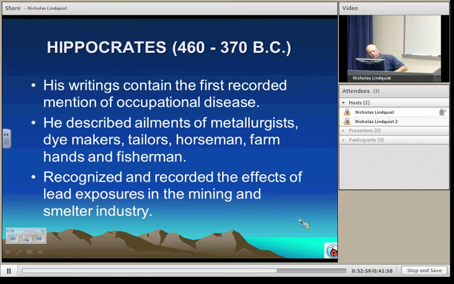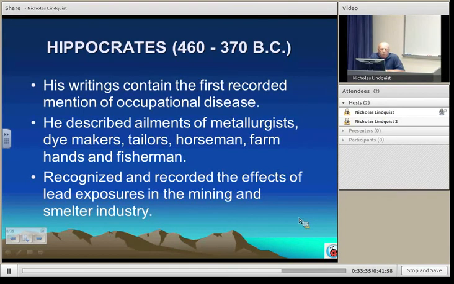There was a gentleman called Pliny the Elder, and again, his existence was between 23 and 79 AD, and he did work, again, related to the mines. And you'll notice that as you look historically, a lot of the treatment of occupational health hazards really dealt with miners and mining-associated operations, because that was a fairly dangerous type of occupation.